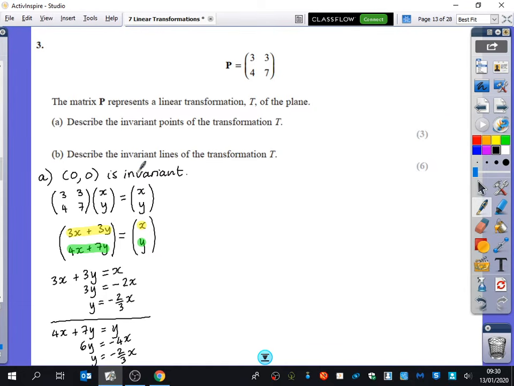So I didn't even really need to say 0, 0, because 0, 0 is going to be on that line, isn't it? So I should say here, all points on the line y equals minus 2 over 3x are invariant.